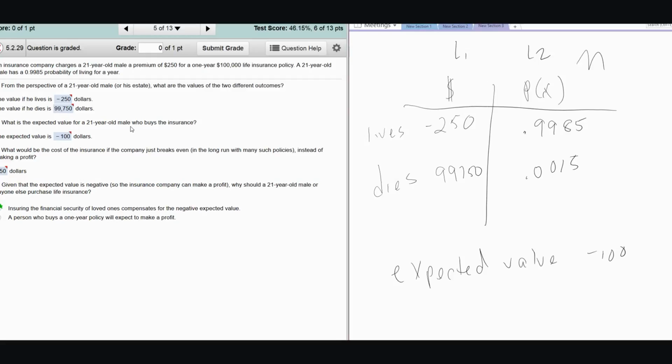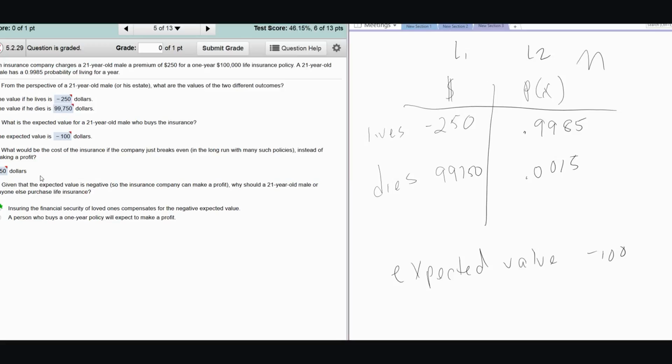That means the insurance company is making a profit of $100 each time after he paid $250. So if they just wanted to break even, they wouldn't have to charge the whole $250. They could charge $100 less than that. They could charge $150.